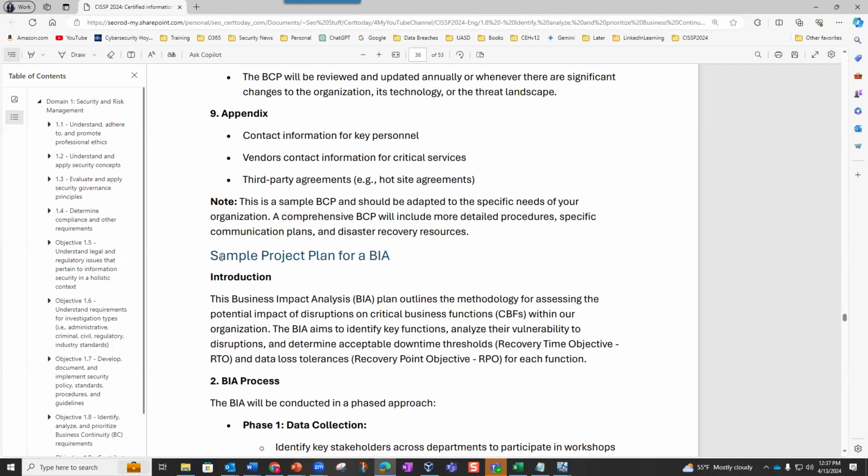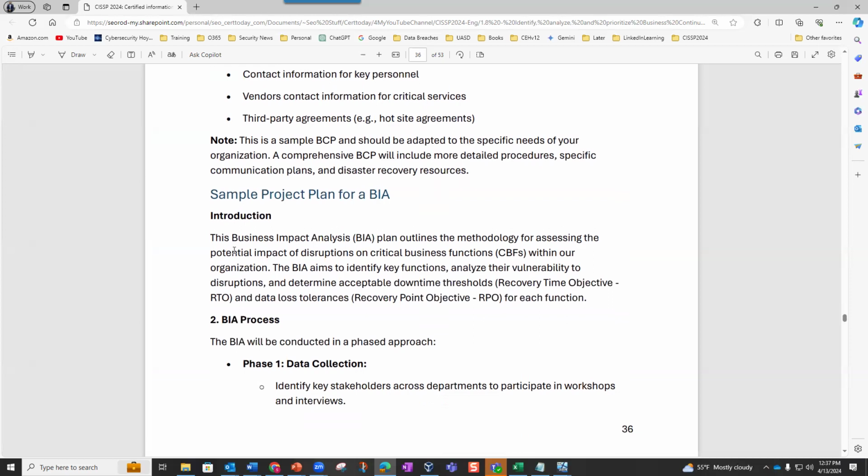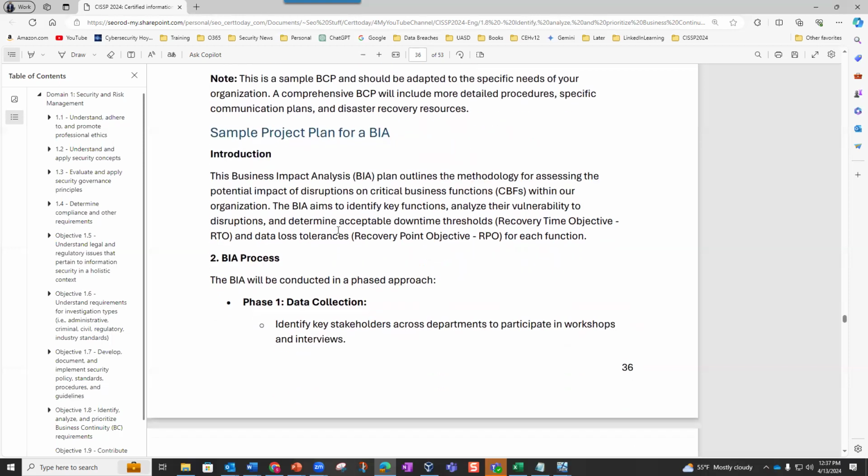Okay. Now, when it comes to a sample project plan for a BIA, which should be done first. So an introduction, something like, this business impact analysis, BIA plan outlines the methodology for assessing the potential impact of disruptions on critical business functions within our organization.